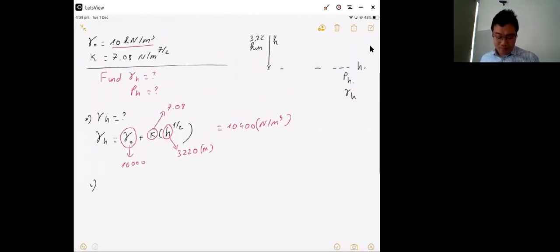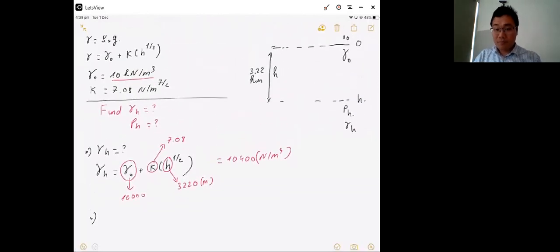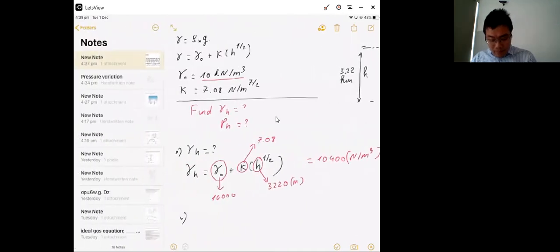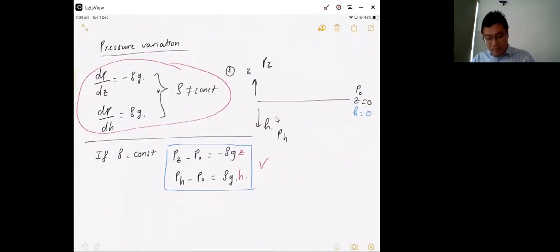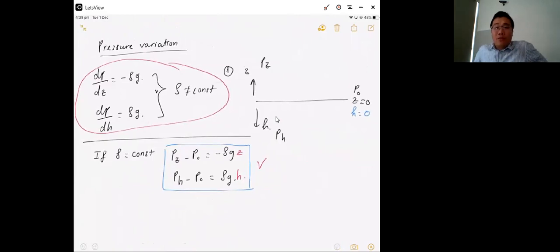Weight density you have, and now pressure. The equation of the pressure is not dP over dt; it is dP over dz equal to minus rho z.